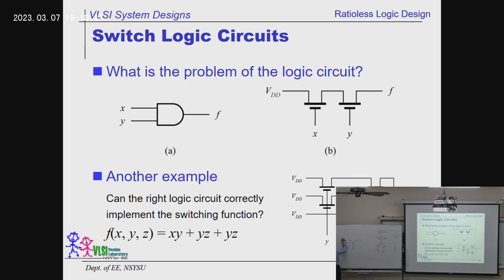Now VDD is present here, and you accept that I'm going to get VDD minus VTH as this voltage. In the next sampling point, B over here changes to 0.